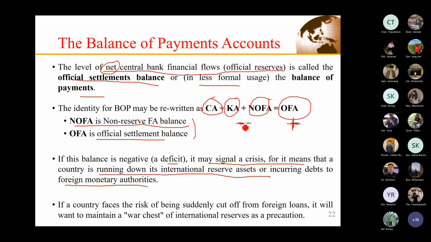And remember, the international reserve is one of the important elements in regulating the exchange rate. If you're losing it, you're losing your power. So when the economy has a problem, you cannot restore or stabilize the exchange rate. It also suggests that you may be incurring debt. You're having a problem with over-indebtedness.